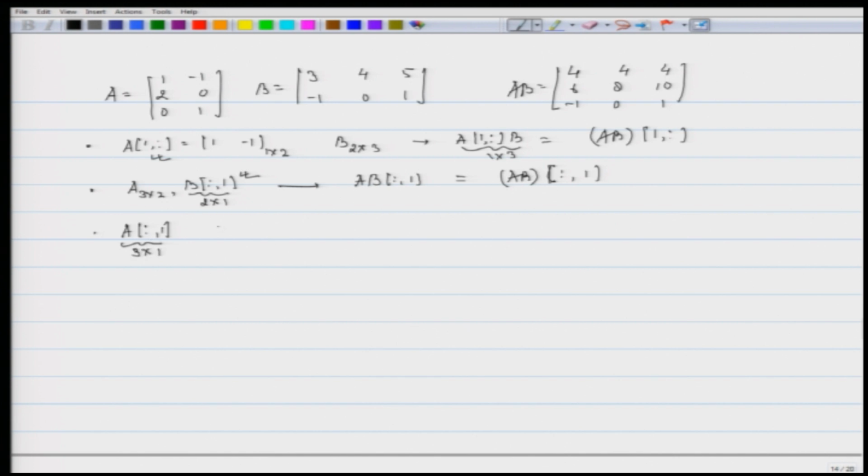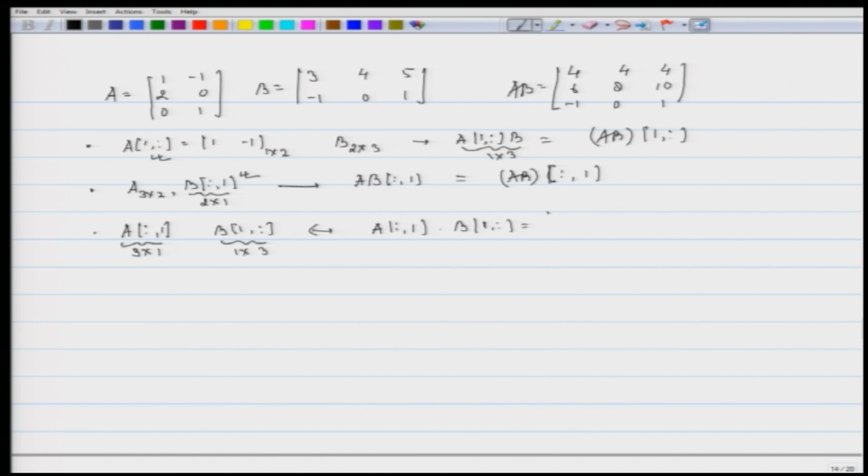If I look at B, the first row of B, this is of size 1 cross 3, and therefore this matrix multiplication, so A times this into B times, first column, and this should have been the first row. All right. So I can multiply these two. If I multiply these two, what do I get?